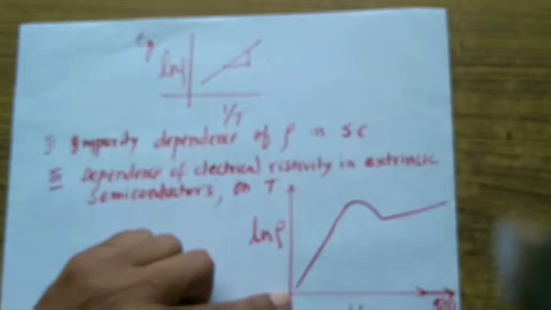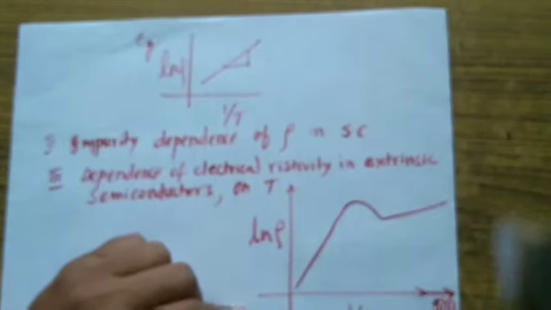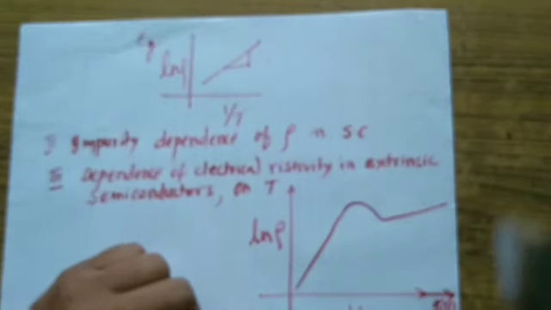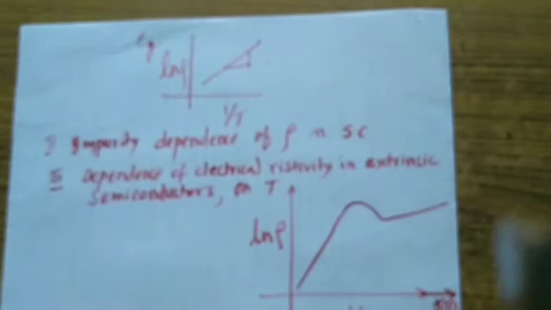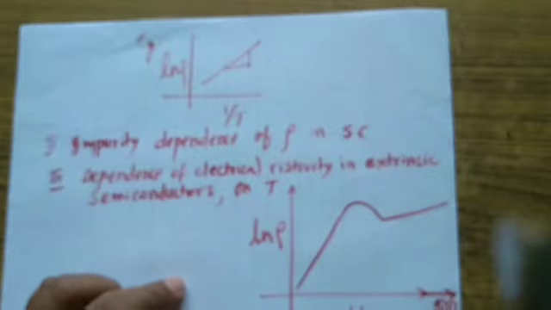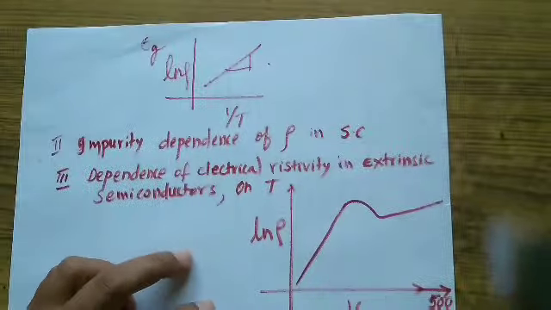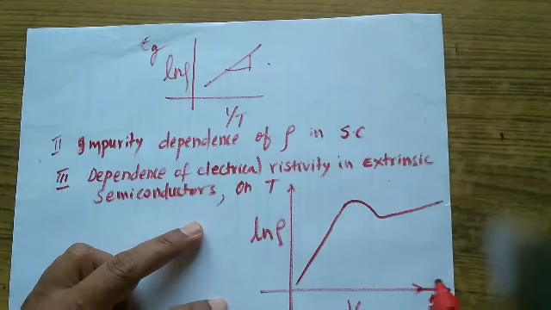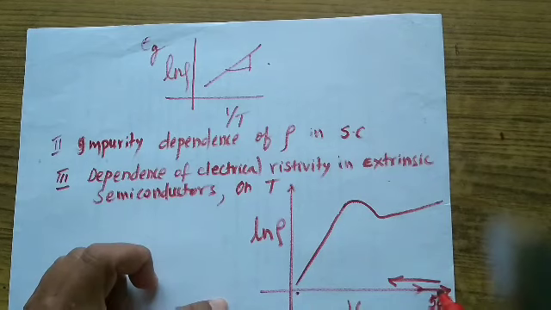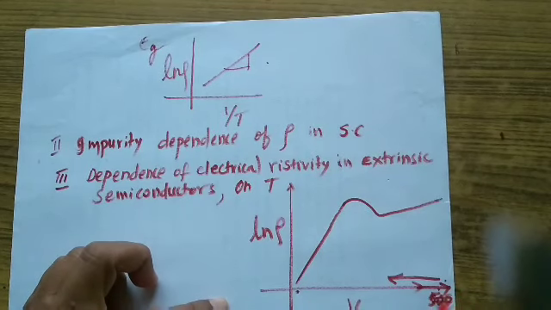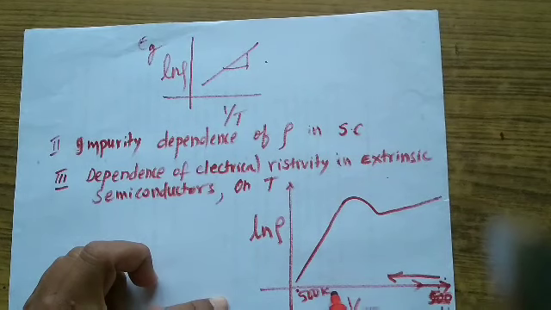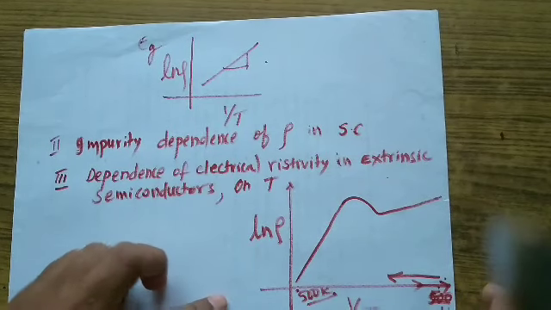Let us assume that the highest temperature that we considered for measurement is 500 degrees Kelvin. Since I am taking the reciprocal of temperature, as I mentioned in the previous case also, you have to think that this is the direction of increase of temperature along the x-axis. This is the lower value. Higher value will be here. Let us say it is 500 degrees Kelvin.